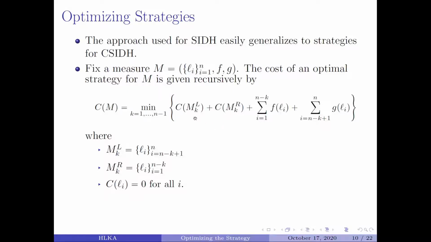So these two C of m's here are the cost of the two sub-strategies, and then these summations are just the cost of the connecting edges. So we take a minimum over the number of leaves in the left sub-strategy, and in this way we can get the cost. If you keep track of the index at which this minimum occurs as you go through the recursion, you can actually use those to construct the strategy itself. So this formula gives us both the cost and a construction for the strategy.